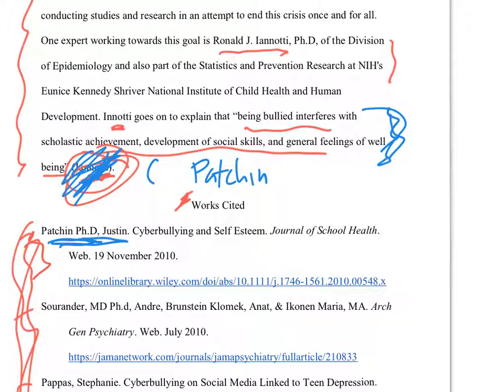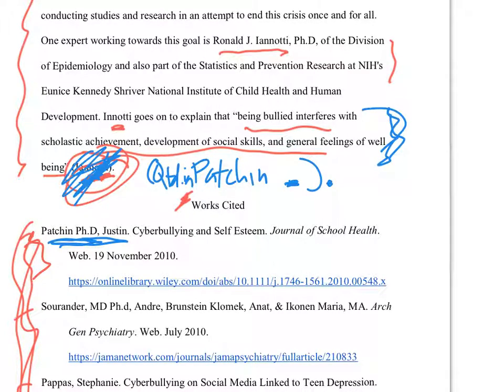And if there were a page number, it's tough to tell from this citation if there are page numbers, but if there were, I would include the page number here in the citation. But we have to be clear that it's not Patchen that the language is coming from. So we have something we do, which is QTD in Patchen.